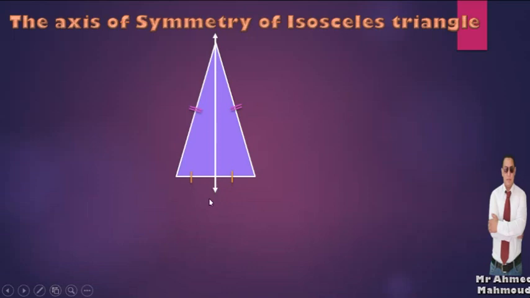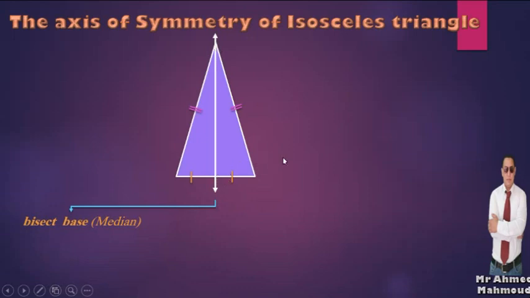So the first property is that the axis of symmetry bisects the base. Any line that comes from the vertex and bisects the base is called a median. Then this line has two names: the axis of symmetry of the isosceles triangle, and the median, because it bisects the base.